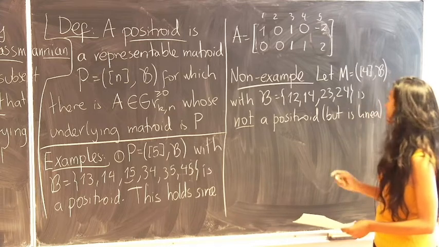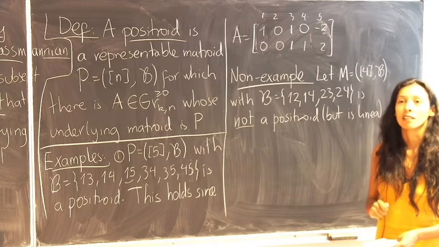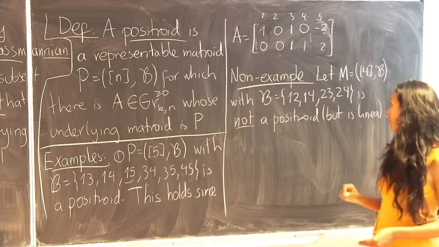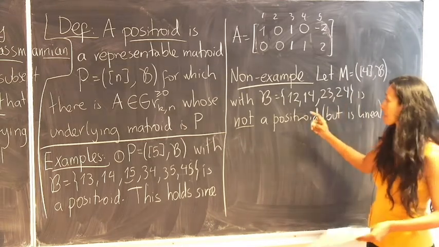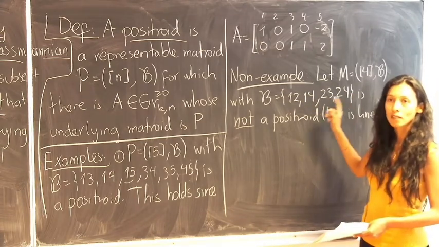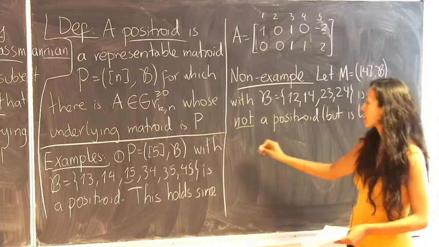So even though this is a matroid that comes from a point in the Grassmannian, it's not one that can be realized in the totally non-negative Grassmannian. So let's see why that's the case. This is a smaller example, so we can certainly manage it. Already we see what the basis is, and already we see what the ground set is.